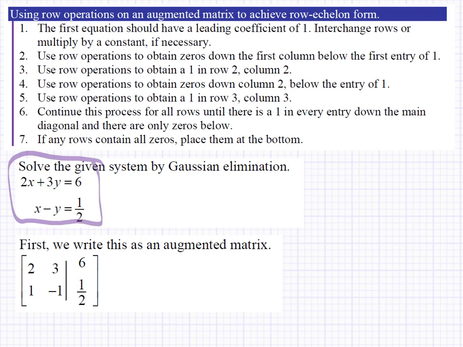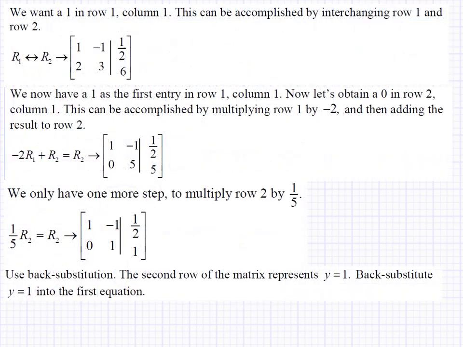Let's first write the augmented matrix. And you see we have 2x plus 3y equals 6, and 1x minus 1y equals a half. All right, so there is our first step. Write the augmented matrix. I want to interchange my two rows, row 1 and row 2. Now, why did I want to do that?